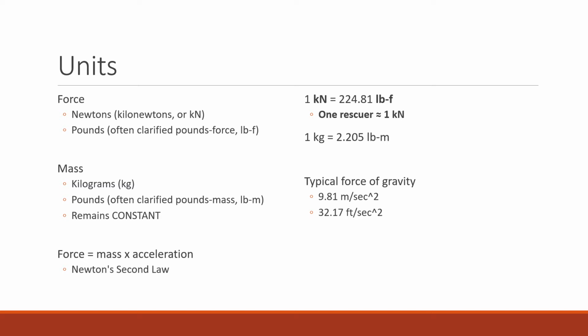In metric, kilograms are the units of mass. That's given by a certain quantity of material at a given density. So kilograms, and then pounds clarified as pounds mass. The big thing is mass remains constant. An individual can have a mass of, let's say, 100 kilograms.